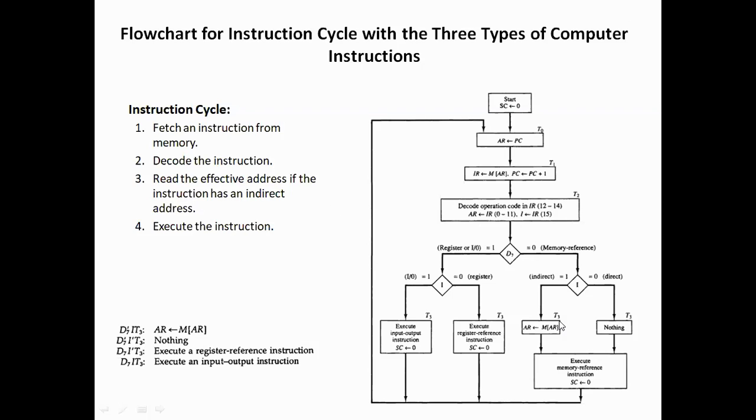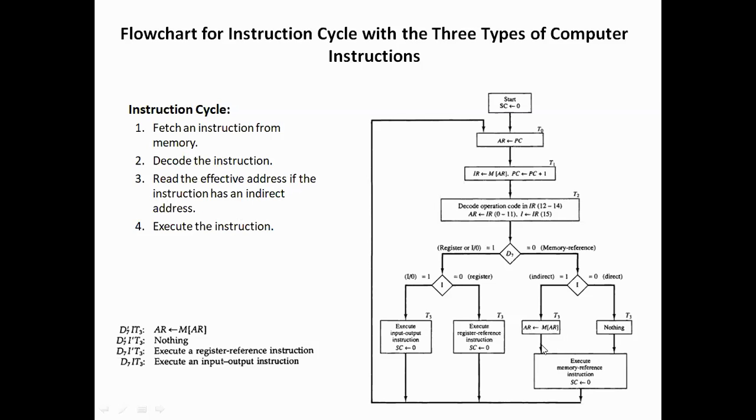How to read it? The address which is given to us in AR is not the address of the operand. We have to go to this address and then we will get the effective address. So we will go to memory at this location and there we will find the actual address of the operand. So this is the third step, reading the effective address.